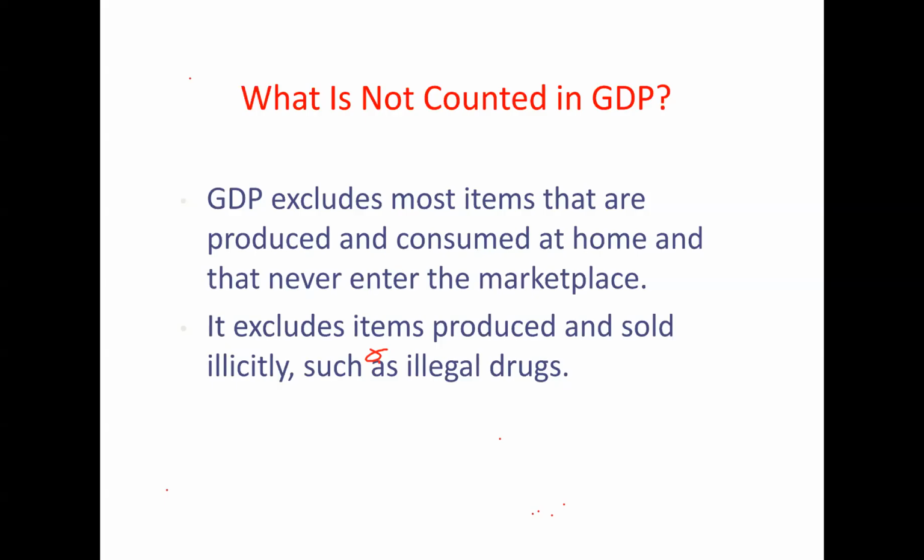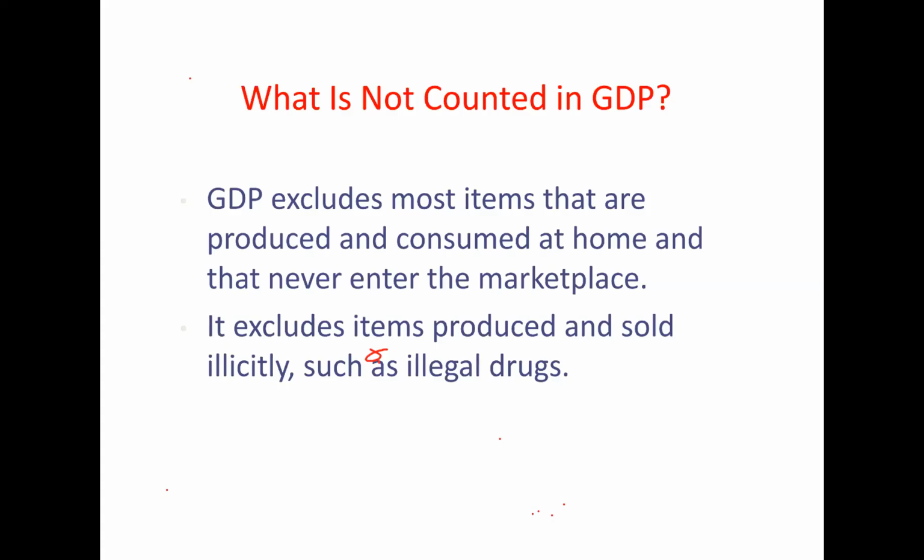In developing countries like Zambia, it is very difficult to capture the markets that we have. The data we can capture is for the supermarkets and malls, but at Soweto, who can capture what is being produced and sold? These are some of the weaknesses of using GDP.